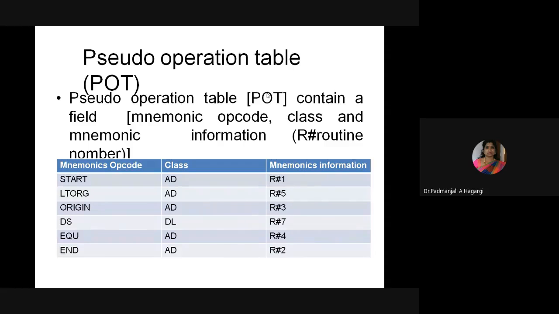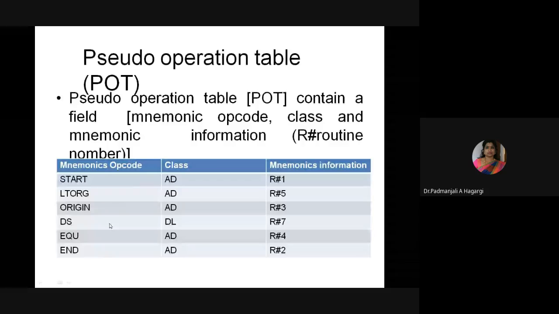These contain the fields of the mnemonic opcode, class, and mnemonic information, about the subroutine of the program. We have seen the subroutine of the program: it was at the start, at the end, at the origin, the literal origin, the origin of the program, and the declaration storage.